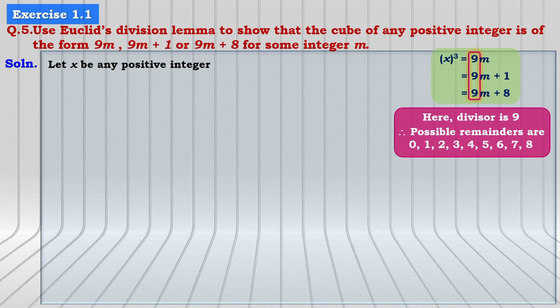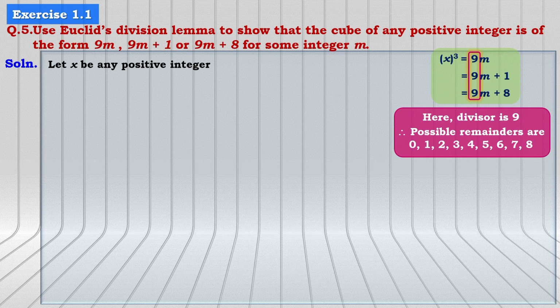So here, since the divisor is 9, if we take a equal to bq plus r, b is here 9. So the possible remainders will be from 0 to 8, as we know that the remainder value varies from 0 to less than b, that is less than the divisor, so less than 9.